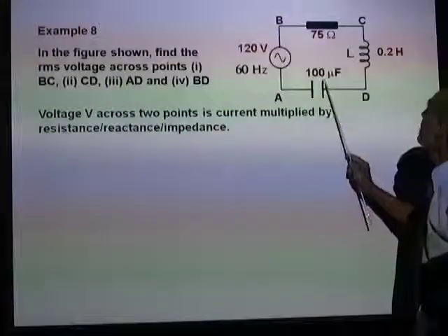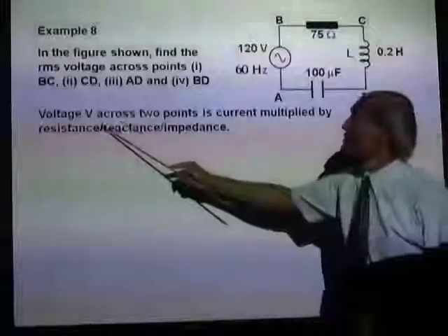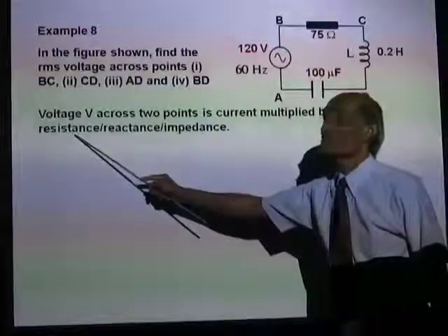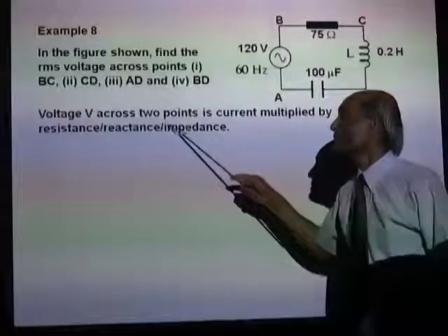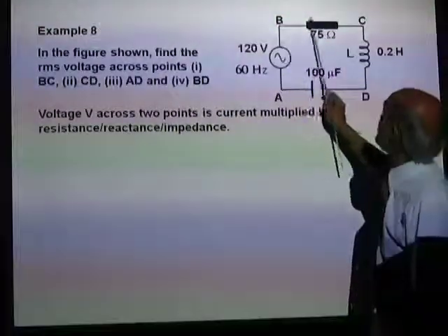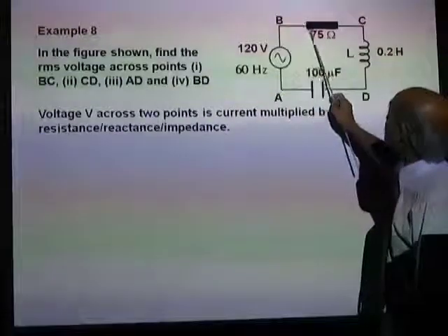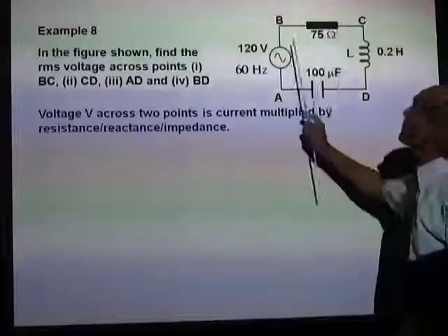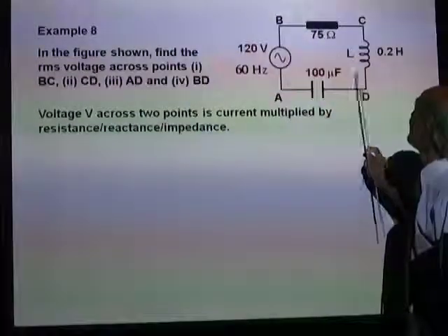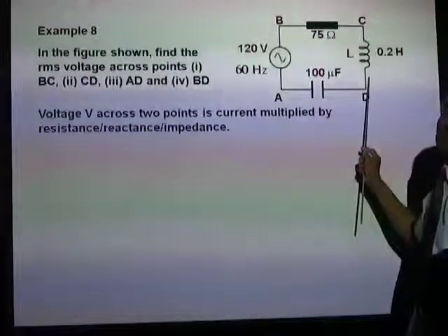Across AD is the voltage across the capacitor. Is that right? So voltage V across 2 points is current multiplied by the resistance, reactance, impedance, whatever is the case. So in order to find the voltage across BC, it is the current multiplied by the resistance. If you want to find the voltage across BD, it is the reactance of the system multiplied by the current.